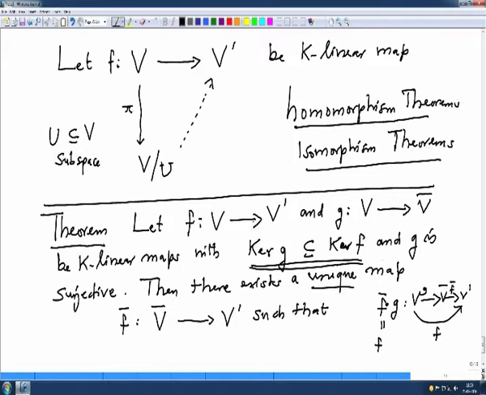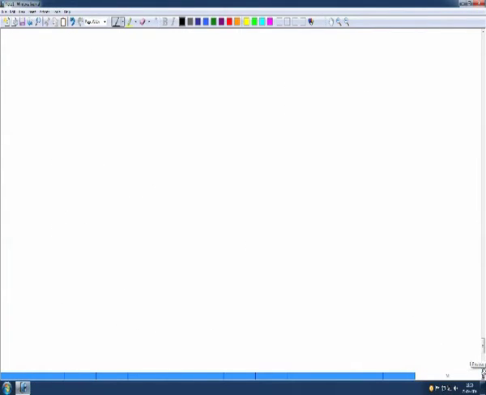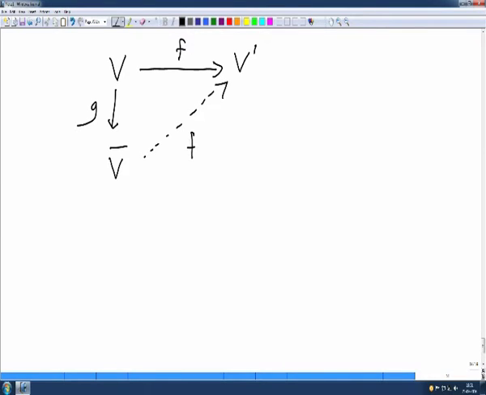So, this I have stated for general maps here, such that, this means the diagram is commutative. That means the diagram like this, V to V prime, this is F, this is G, and this is the map we are defining. I call it F bar. This diagram is a commutative diagram.